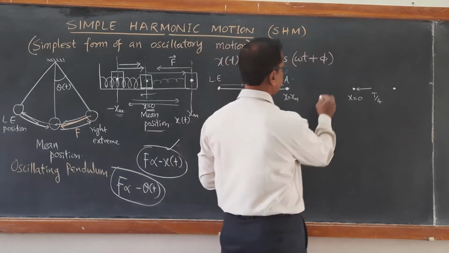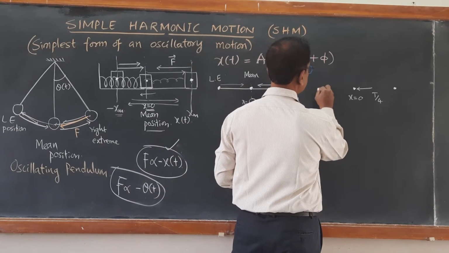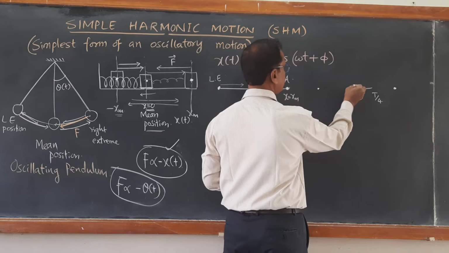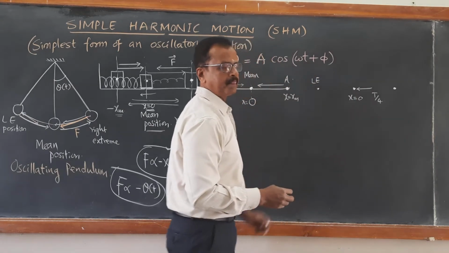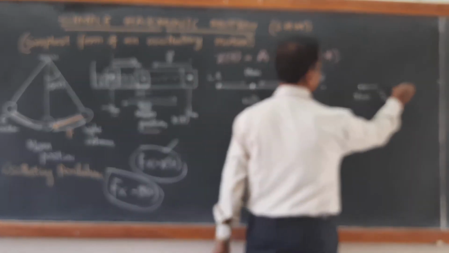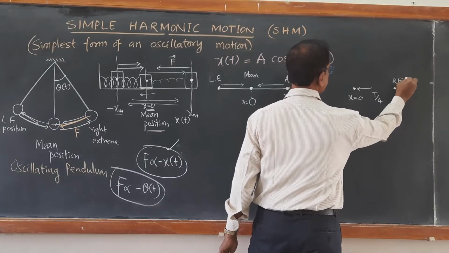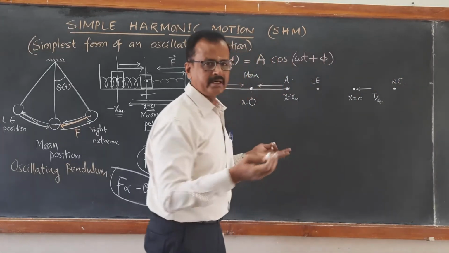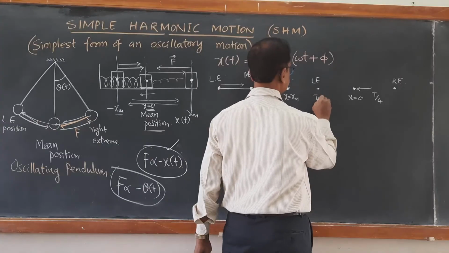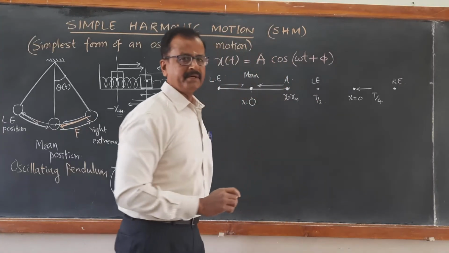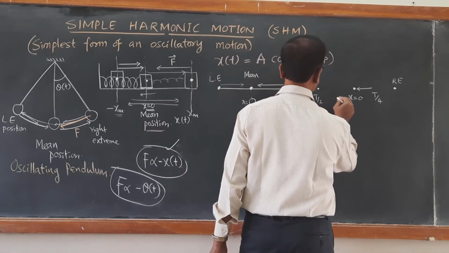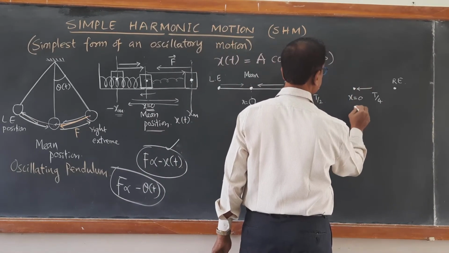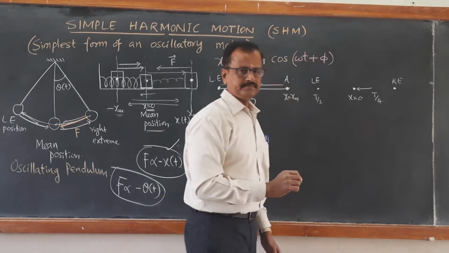And again from the mean position to the left extreme position, it takes the same time T by 4. So the total time taken from the right extreme position to the left extreme position is T by 2. Again, when it goes back from the left extreme position to the mean position, it again takes T by 4.